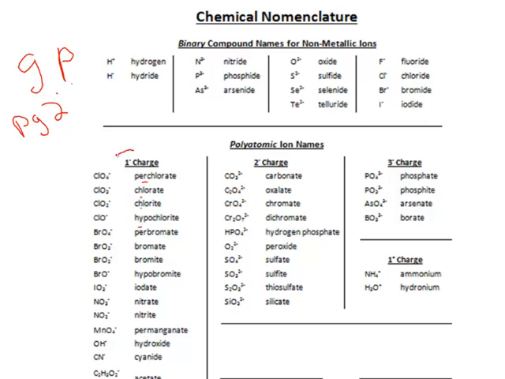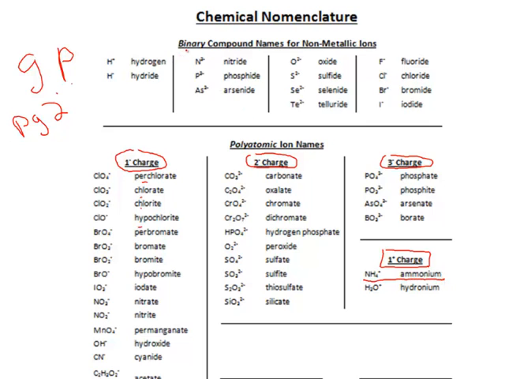It's broken down so that anybody in this first column has a charge of -1, anybody in column 2 has a charge of -2, and anybody in column 3 has a charge of -3. We have only a couple that are a positive charge. NH4, ammonium, is going to be the most common positive one that we see.